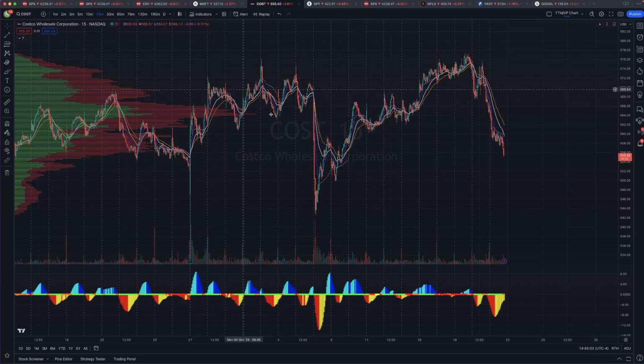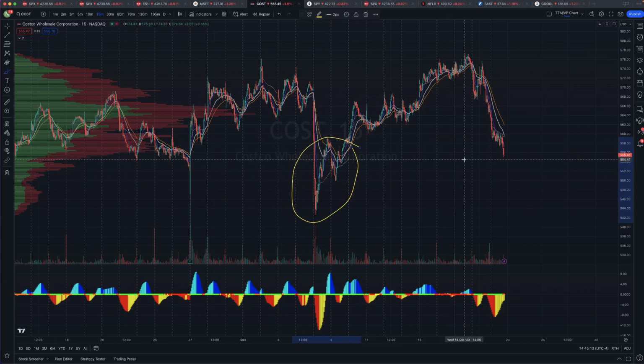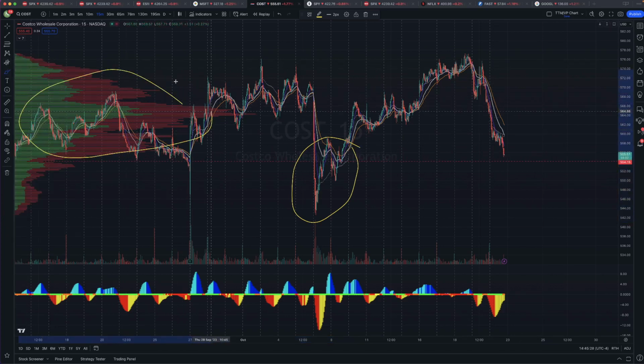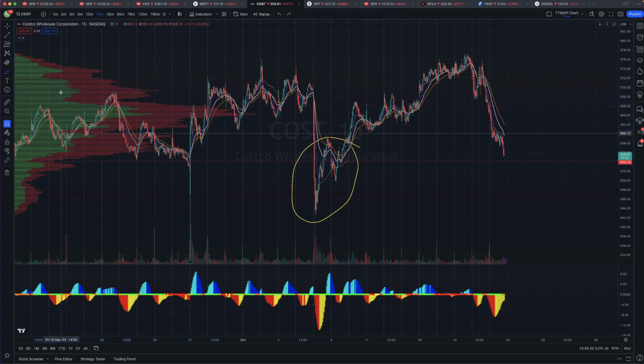I don't have to worry about these people up here, but I do need to look at all of these people right here, because that's going to affect where a level is going to act as support over here. So I'm going to draw a line right there because this is a value area low for this entire node right here. Just a massive chunk, right?